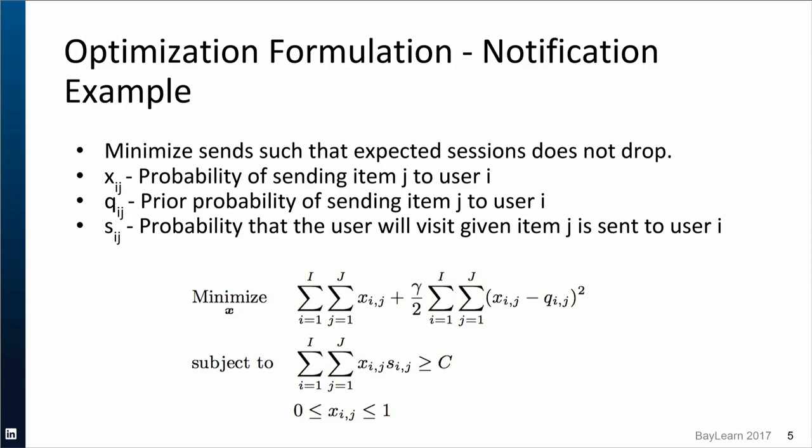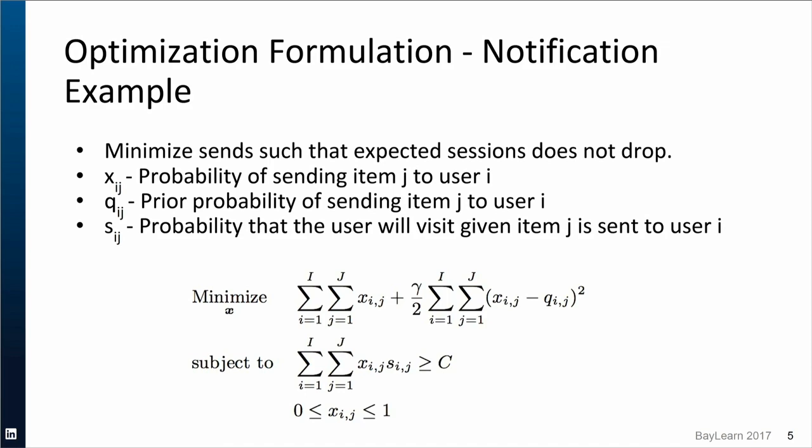So if we want to write this out as a proper optimization framework, what we do is we try to minimize the first term, which is basically the total expected sends. And the second term is a regularizer, which tries to incorporate the fact that we are not swaying too far away from the previous prior. And the constraint that we have is that the expected sessions, that is the sum over Xij Sij, is greater than some threshold.